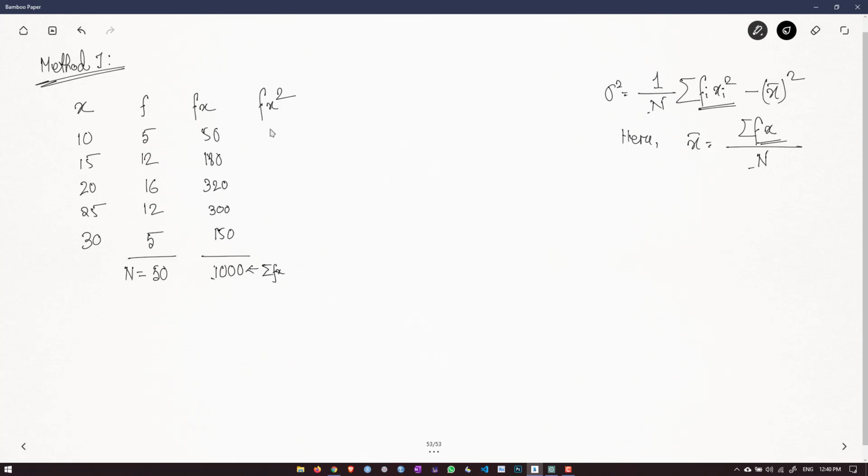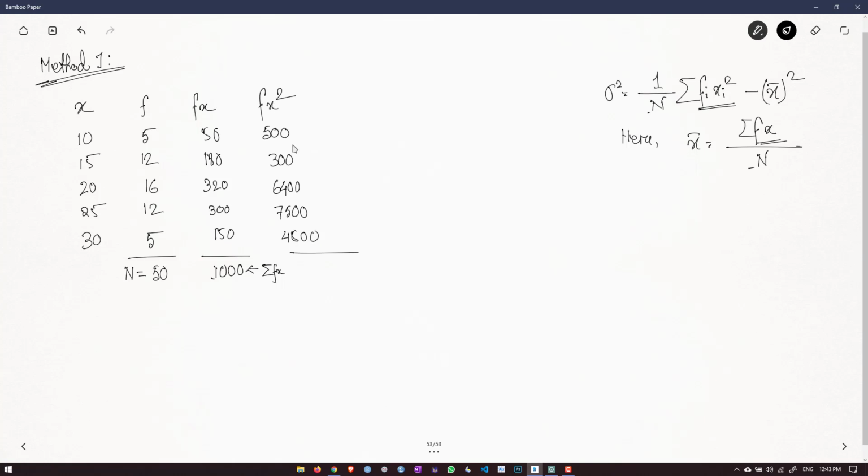And let's calculate fx square also. The value of fx square, that is f is 5 and x square is 10 square, that is 100. So the value will be 5 into 100, that is 500, right? Similarly, 12 into 15 square, this will give you 2700. This is 16 into 20 square, this will give you 6400. This one is 7500 and 4500, right?